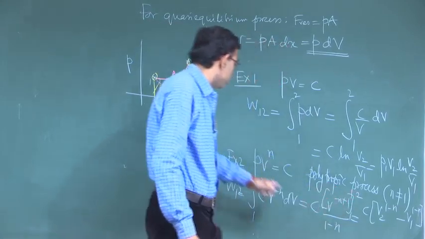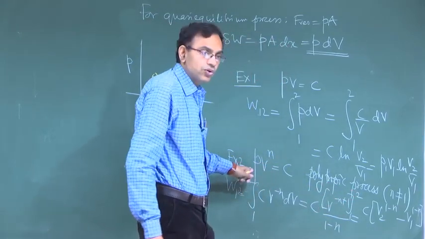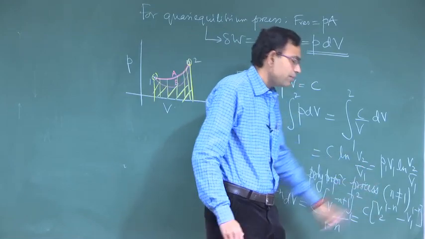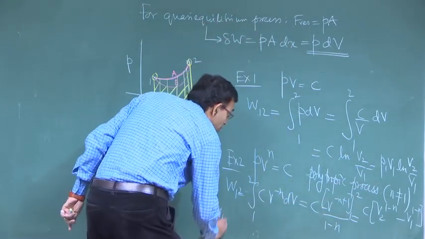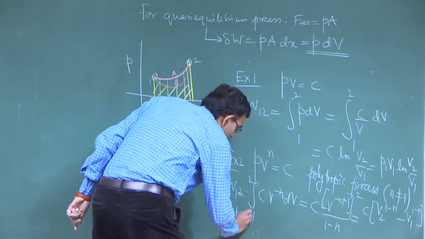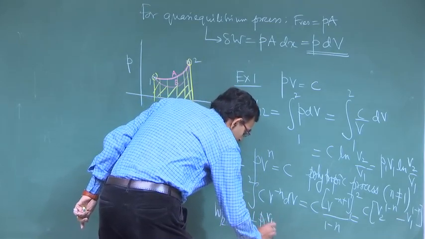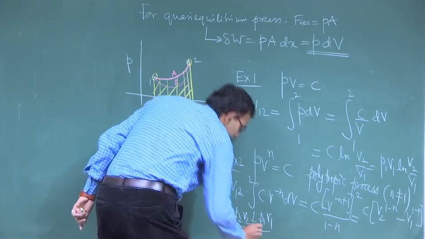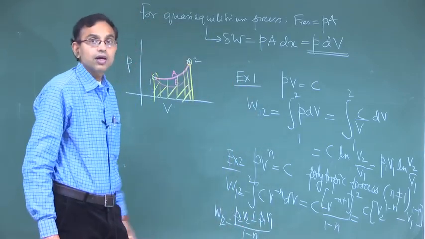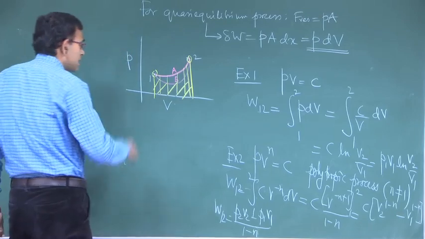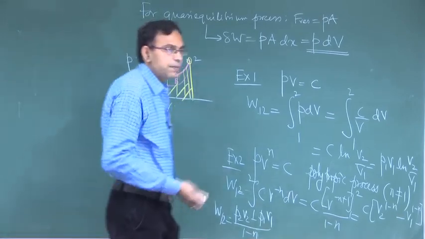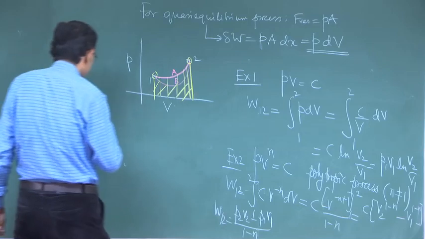C into V2 to the power minus n is P2 and C into V1 to the power minus n is P1. So, we can write W12 is P2 V2 minus P1 V1 by 1 minus n. Okay. This is the work due to displacement of the system boundary.